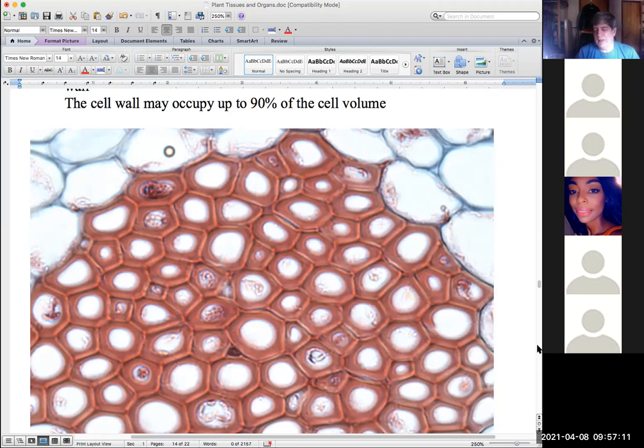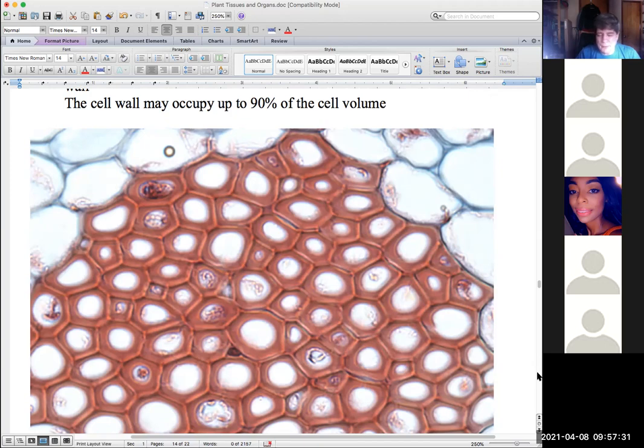So when we look at cells with thick cell walls, keep in mind when we look at a microscope slide, those are usually going to be a dark color. So they're typically easy to identify that way.